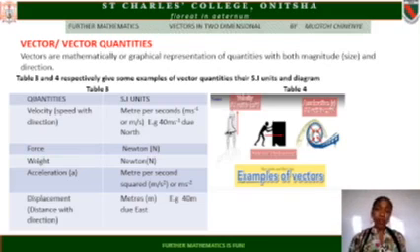Some examples of vectors, from the pictures you are seeing, are velocity, because it's a speed with direction. You have acceleration, you also have force and displacement. All these I have mentioned have both the size and the direction which they are moving to.